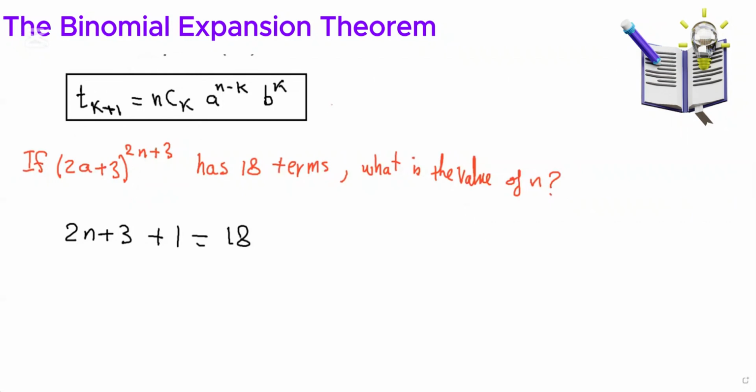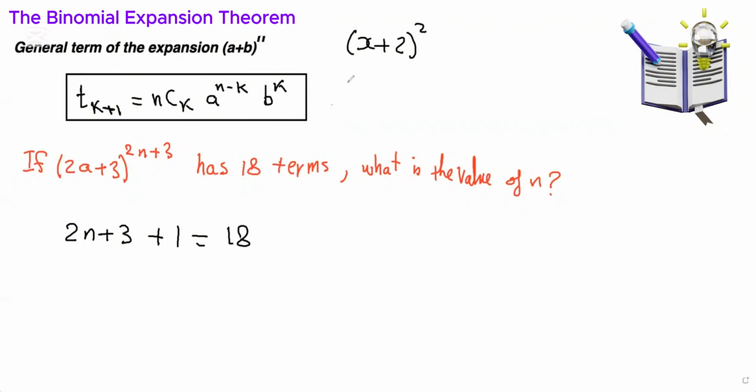Again, if you have x plus 2 squared and you FOIL it, you end up with x squared plus 4x plus 4. So that's 3 terms, and that's why, if the exponent is 2, you'll end up with 3 terms. So the number of terms is always the exponent n plus 1, which gives you the number of terms in the expansion.